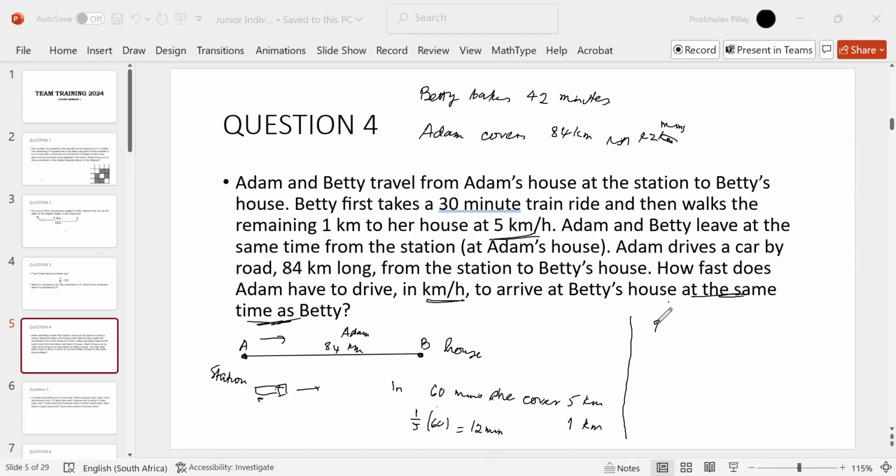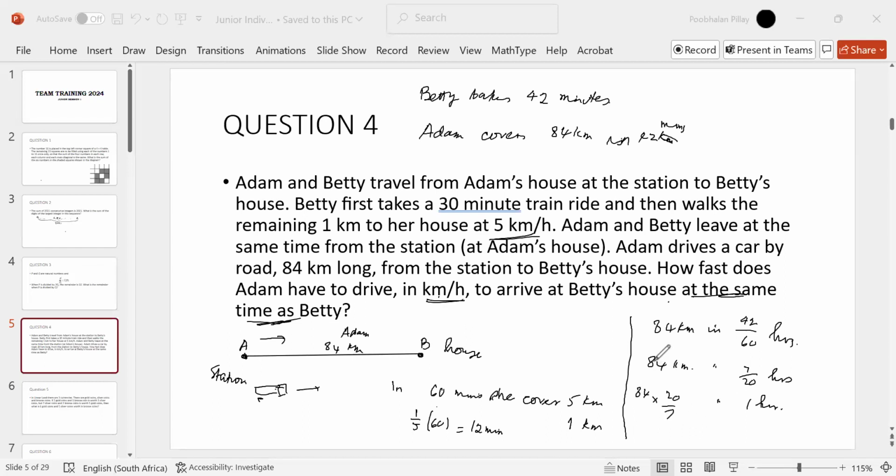So you've got, he travels 84 kilometers in 42 minutes. So that's 42 over 60 hours. Now we want to know how far does he travel in 1 hour, kilometers per hour. This is 7 over 10. So he travels 84 kilometers in 7 over 10 hours. So in 1 hour, he'll travel 84 divided by 7 over 10, which is 10 over 7.